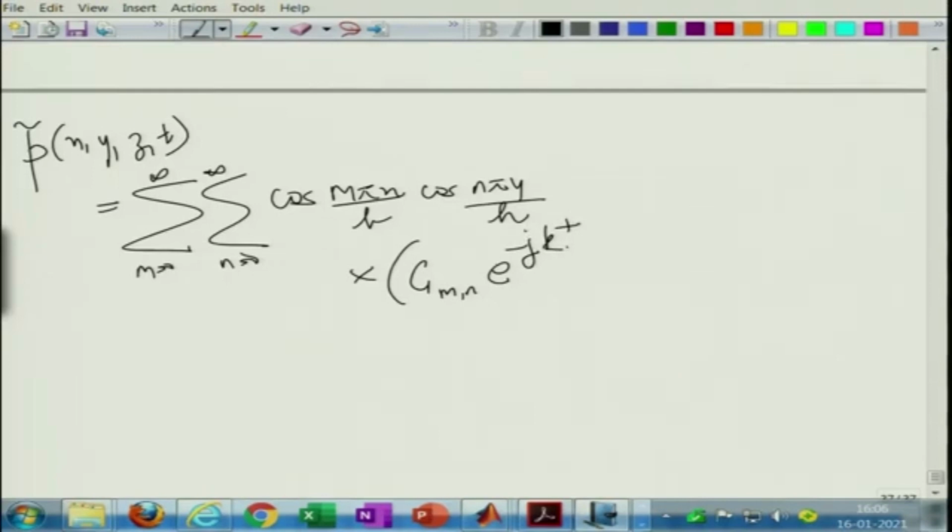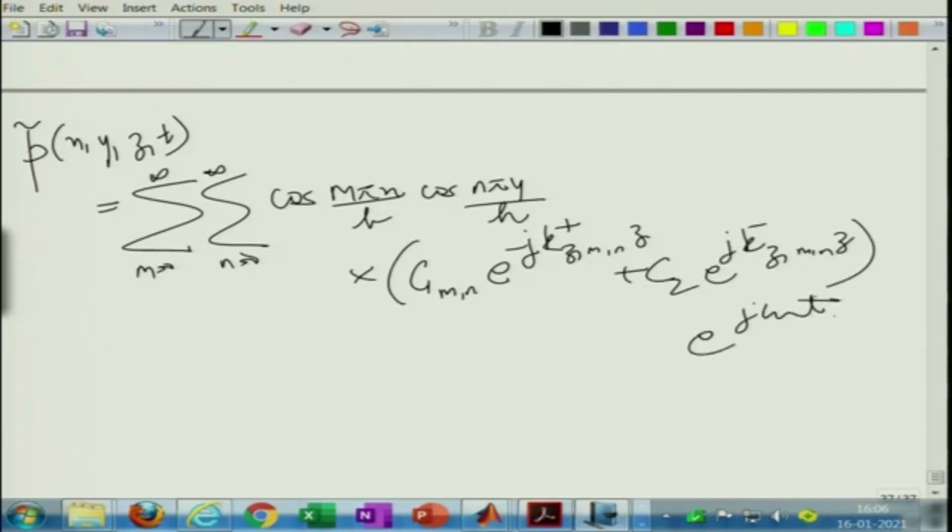So, this is your positive propagating part into z, plus C2 times e to the power j minus k mn z, okay, and this is your e to the j omega t. So, this is what we are going to get, and how we figured out that solution of kz, I leave it as an exercise to the students here.